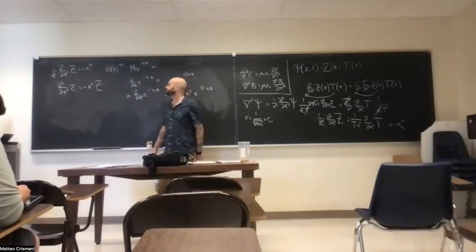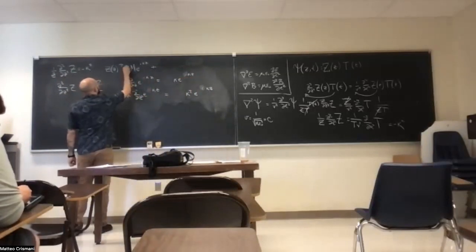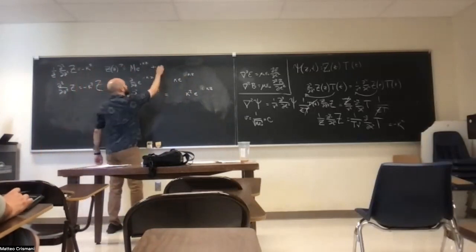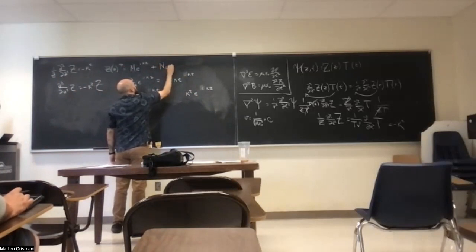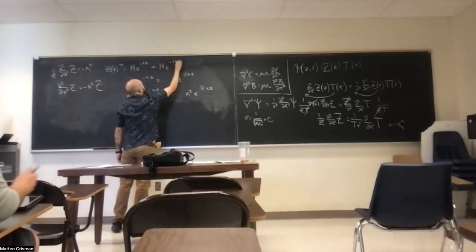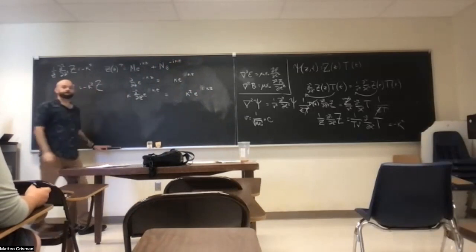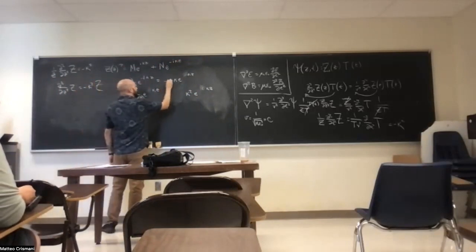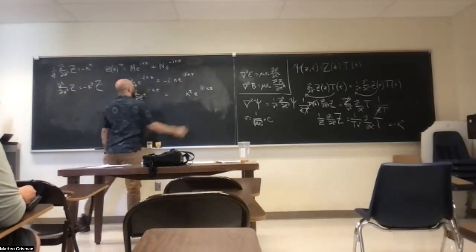Okay, so what's the next one? Probably a negative exponent. Now we like the negative exponent. So let's try a new variable. Let's do n. Does that work? So this one becomes minus i. So I get a minus i here, minus i there.